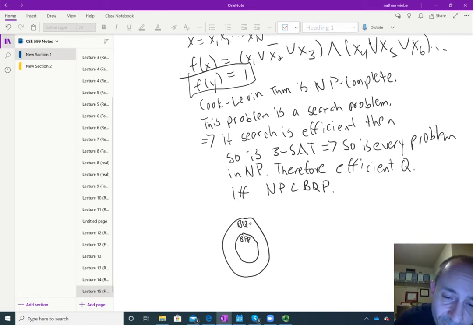BQP is outside of it, and NP is conjectured to, at least in this distorted rendition of the complexity classes, look kind of like that. So it's widely believed that there are some problems in NP which sit outside of BQP. And so for that reason, we strongly suspect that BQP is distinct, and in turn, this is evidence that an efficient algorithm doesn't exist.